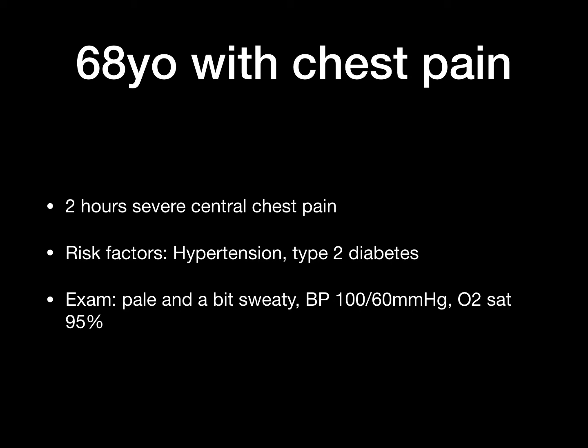You don't usually have blood tests available rapidly, although some places will have point of care troponin assays, but really the decision whether this patient needs to go to the cath lab for urgent angiography is based on a clinical assessment of their chest pain and interpretation of the ECG.